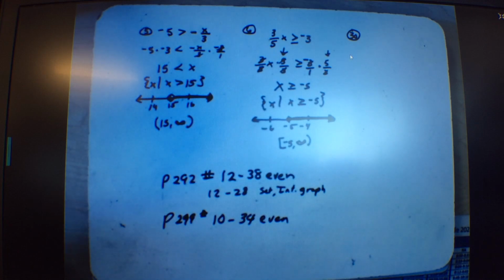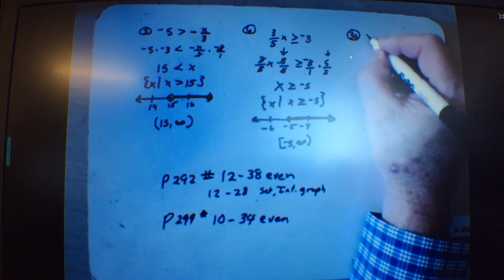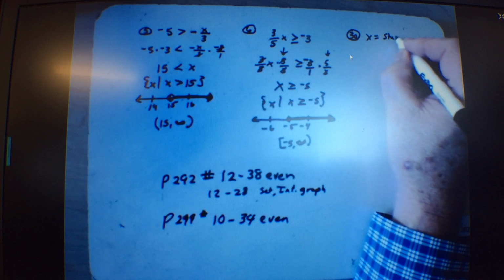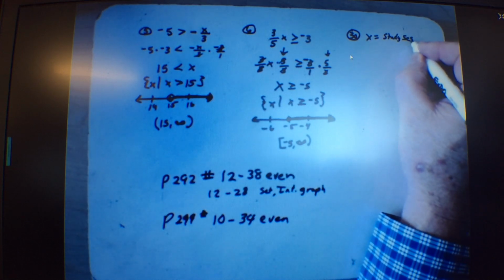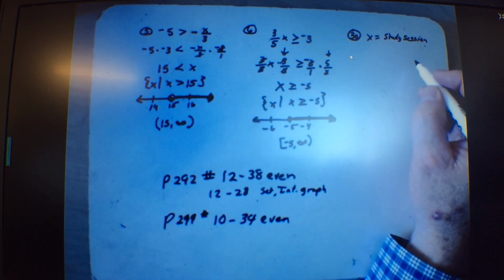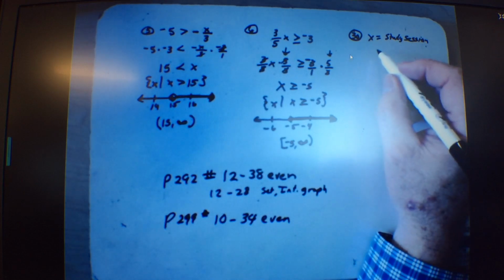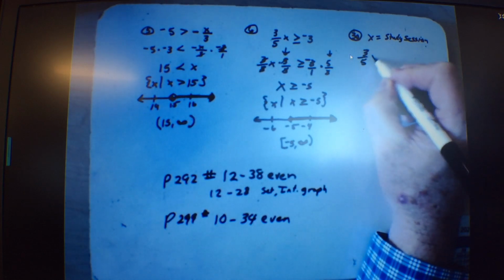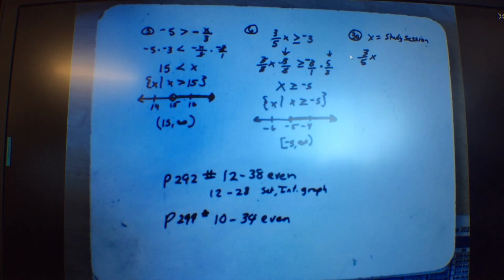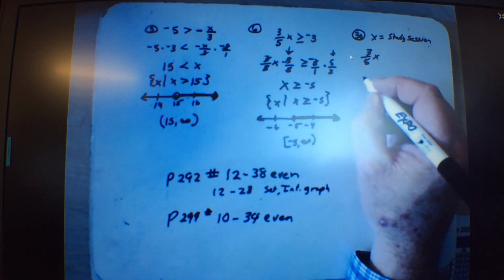She must attend 3/5 of the study sessions. So x equals the study sessions, and 3/5 x is what she has to attend. You understand that if I multiply the two? Okay? So 15.